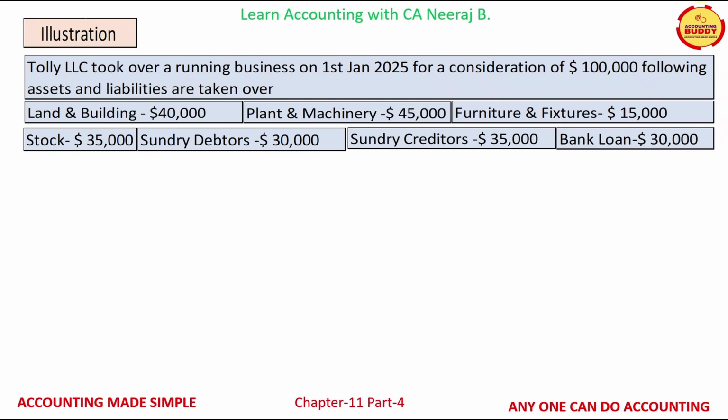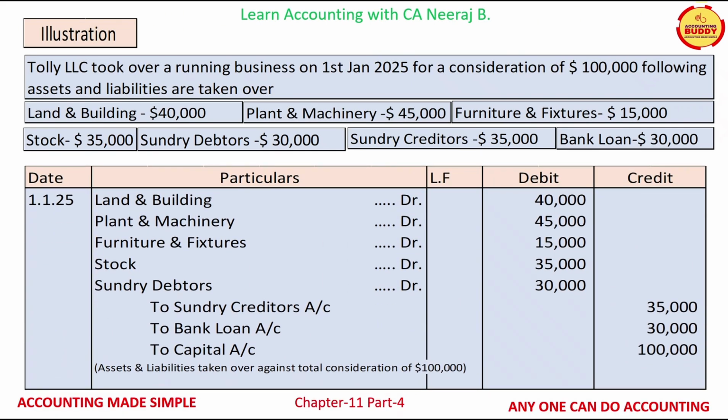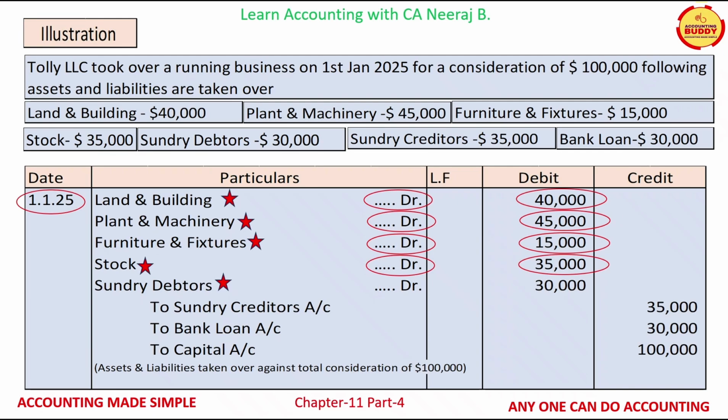The journal entry will look like as displayed on your screens. The entry is passed on 1st of January 25 by debiting all the assets taken over, that is the land and building for $40,000, plant and machinery by $45,000, furniture and fixtures by $15,000, stock by $35,000, and sundry debtors by $30,000.